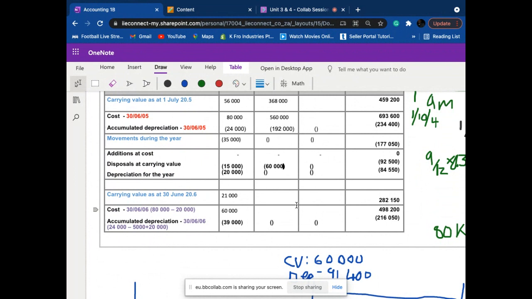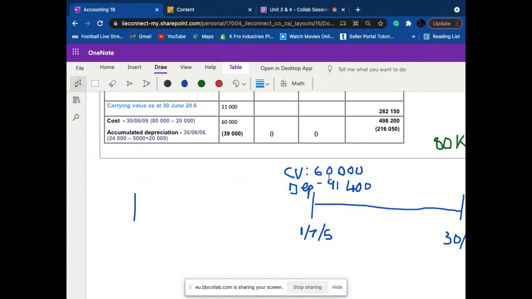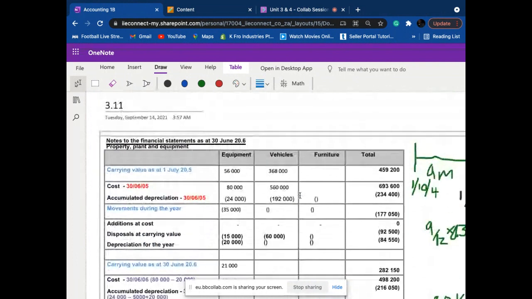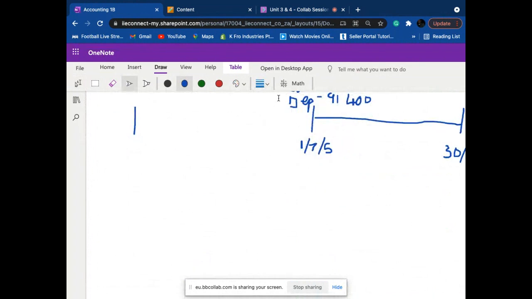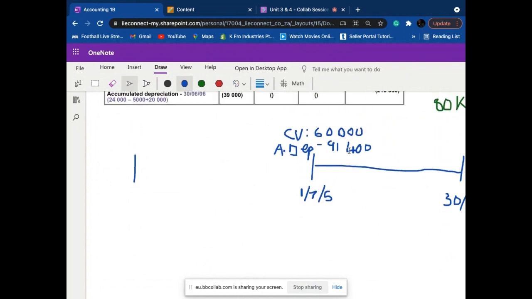Because if you don't know how to calculate carrying value, you won't know how to calculate the cost. Okay? Actually, here I should have put an A for accumulated depreciation so that we are aware this is accumulated depreciation. So, like she said, we have to add these two.